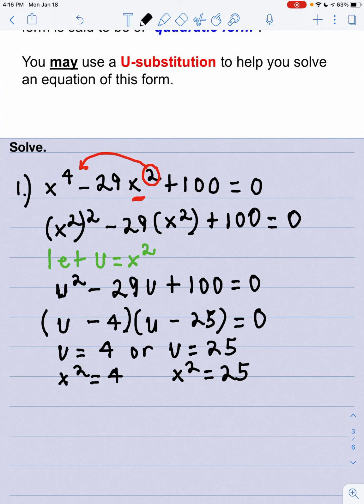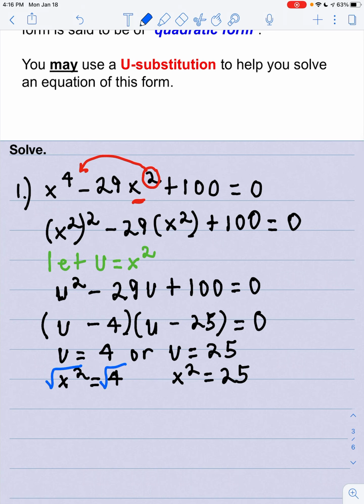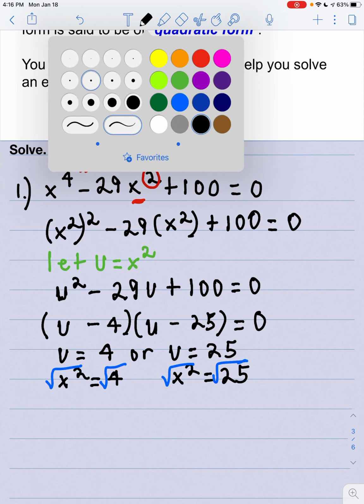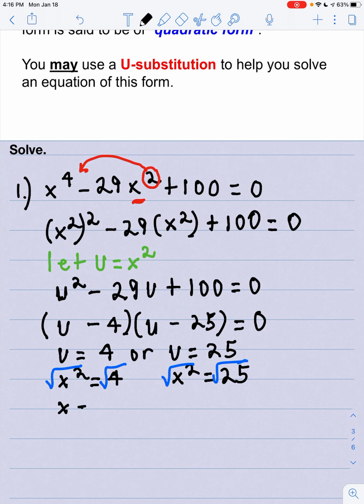And in this form, probably the easiest way to solve this is using square roots, since I already have x squared by itself, and that means x is going to have to equal plus or minus 2, or x is going to have to equal plus or minus 5. So we just solved our quadratic equation, but this time we got 4 answers instead of 2 when we solved for x.